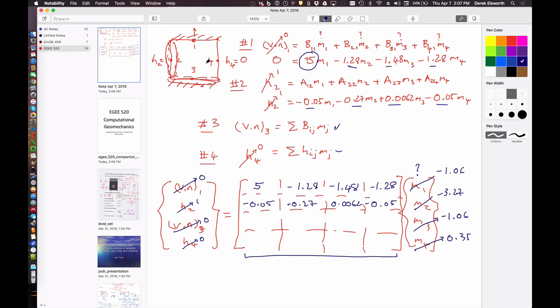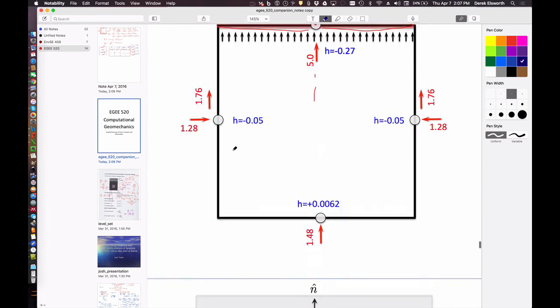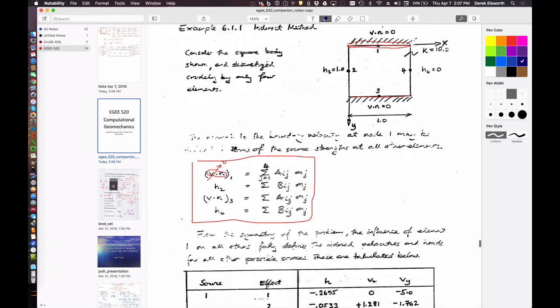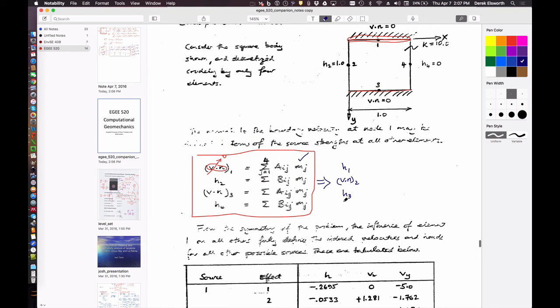So now what we can do is, if we go back to this, we can write the complementary set of equations. So remember we made this point before, that the first part is we write the forward conditions like this. Now we know what all of these values are. So now we could write a series of equations which are the head at node 1, the velocity at node 2, the head at node 3, just in terms of geometry I'm bringing this down, and the velocity normal to the boundary at node 4, are equal to these equations again.